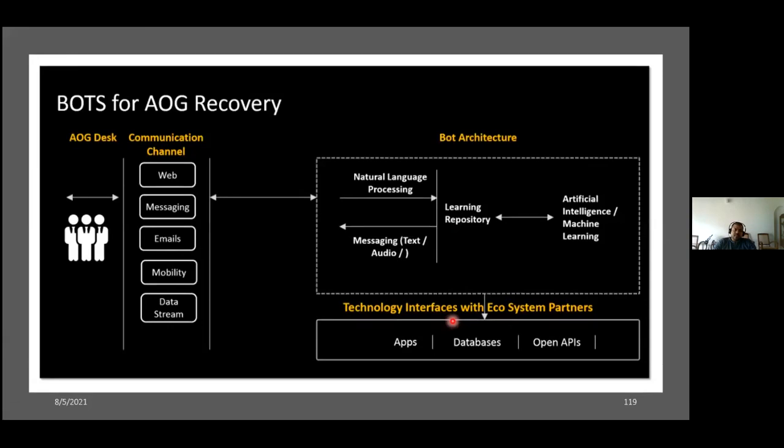Another use for a bot is aircraft on the ground. I think you are familiar with this concept, right? Aircraft on the ground is a huge loss. As long as it's flying, it's making money, but if it's on the ground, nobody's making money, right?